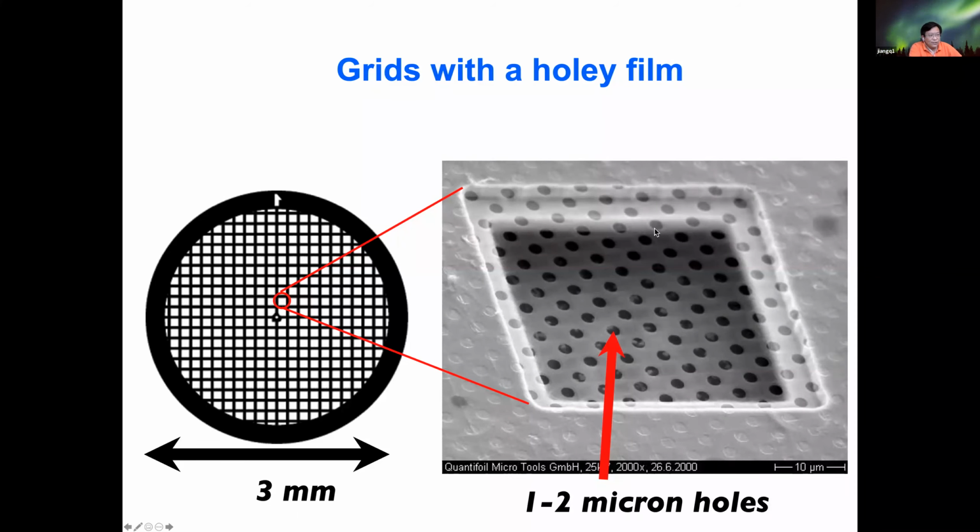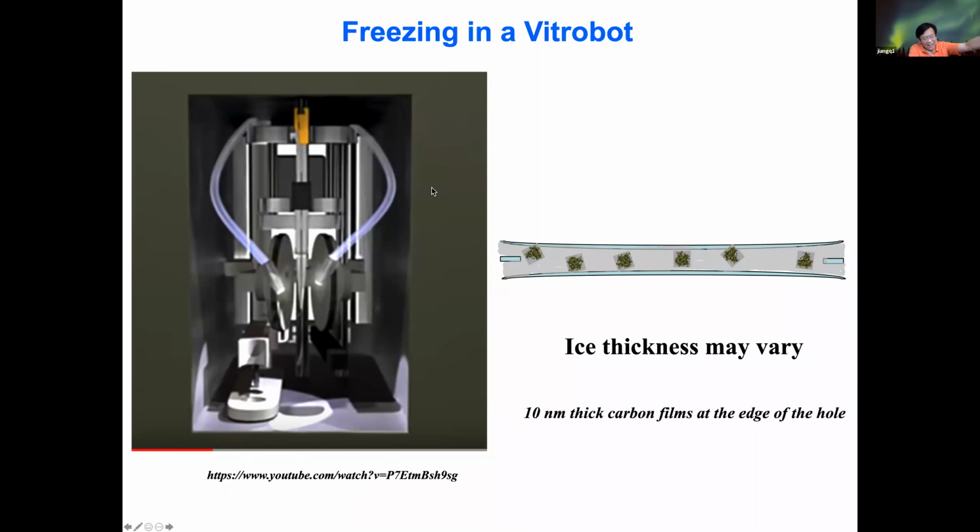The idea is to load the sample in suspension onto the grid, and then load the grid into a device, a modernized version of the device first implemented by Jacques Dubochet, which is used for flash freezing.